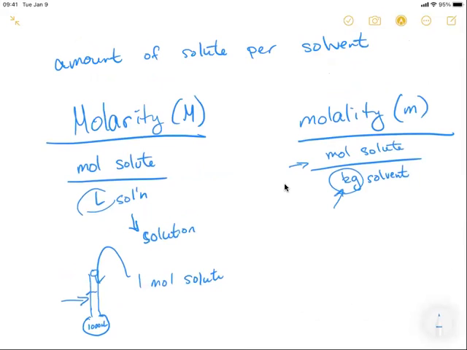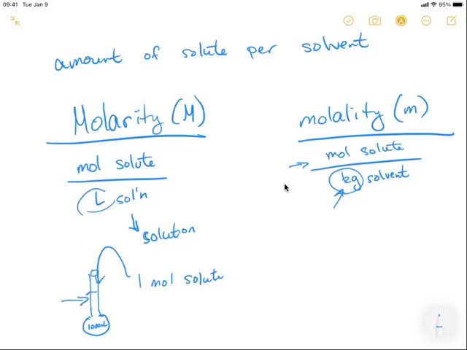Now, when it comes to application, there's only one topic that we're going to discuss in chapter 13. In the next chapter, I'm going to talk about colligative properties, which are properties that exist independent of what the solute is.